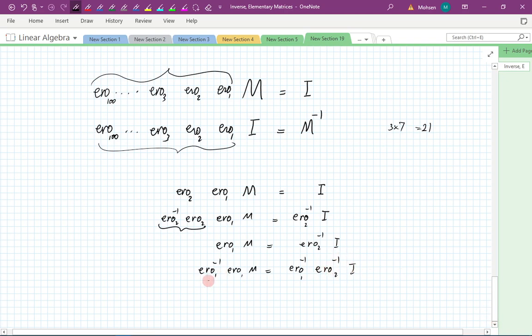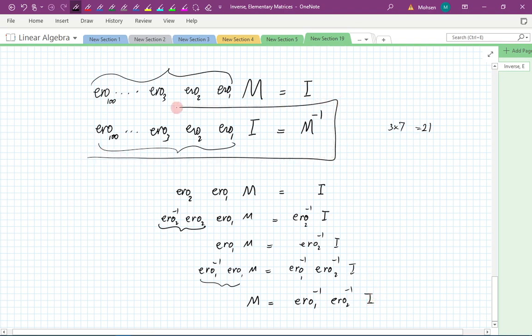So by now these two become identity, and then M becomes elementary row operation number 1 inverse times elementary row operation number 2 inverse. So you get a factorization for M inverse and a factorization for M.